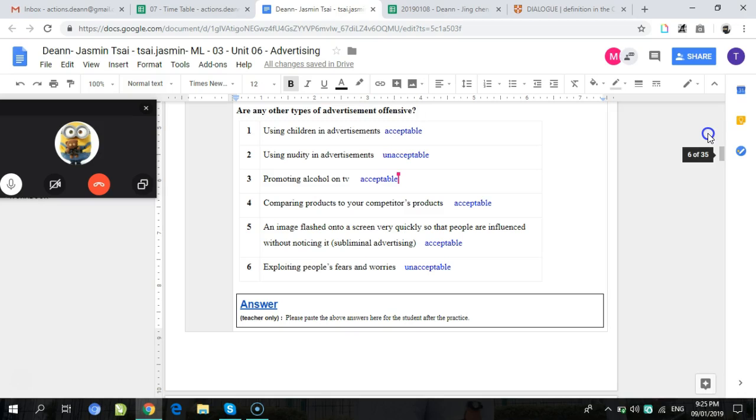Yes, there are some advertisements in Taiwan. Now let us have number 4, comparing your products to your competitors' products. There are some advertisements in Taiwan that compared their products to others' products of other brands. Okay, so why do you think it's acceptable?